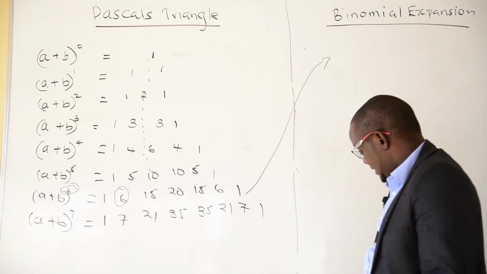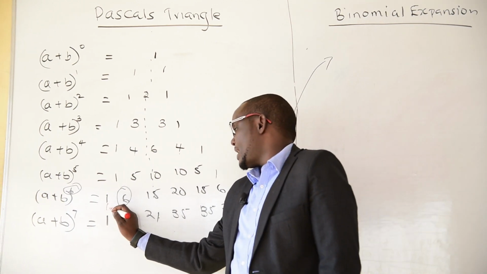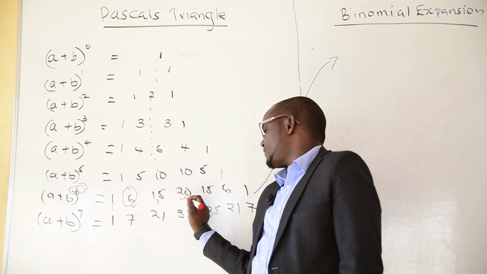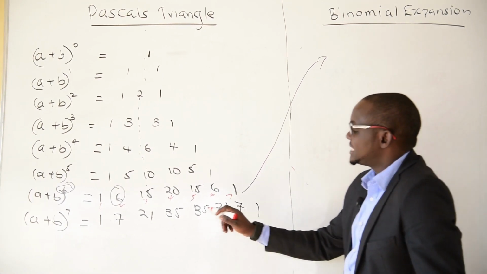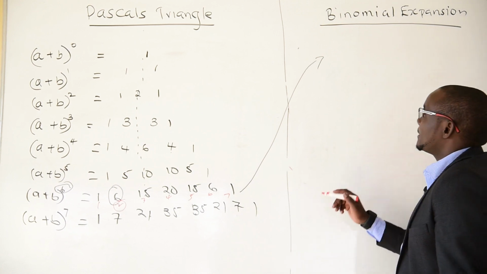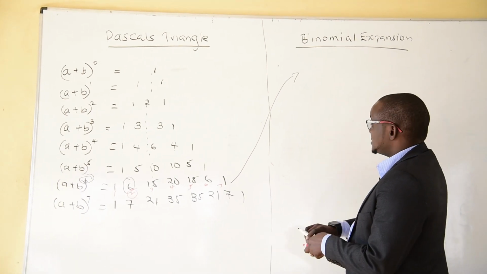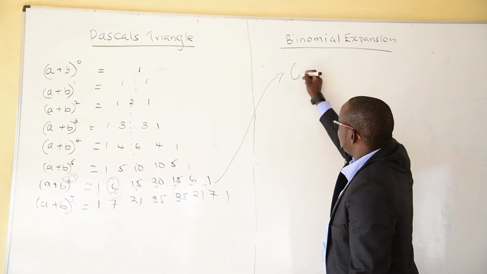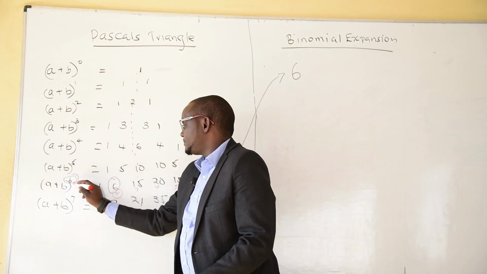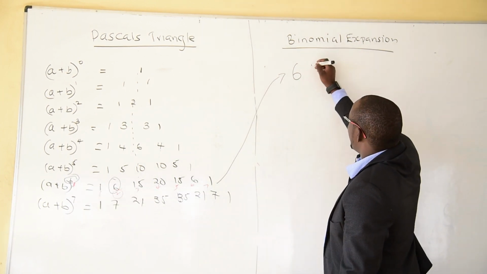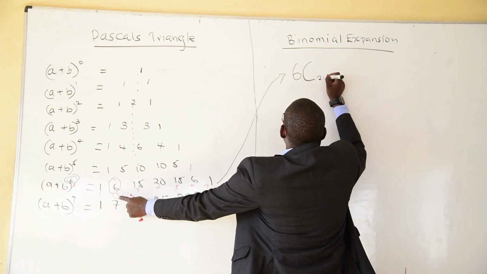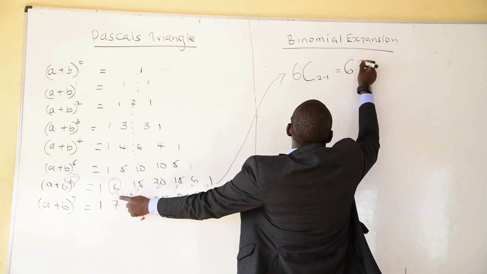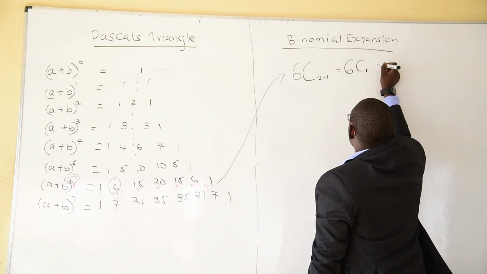I can write here 1, 2, 3, 4, 5, 6, 7. To get the second term, I use 6, which is my n. Then I talk about combination. It is my second term, so I take 2 minus 1. This is actually 6 combination 1, which gives you 6.